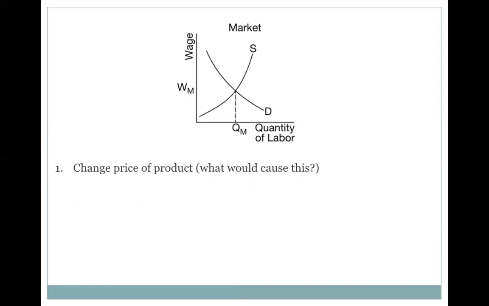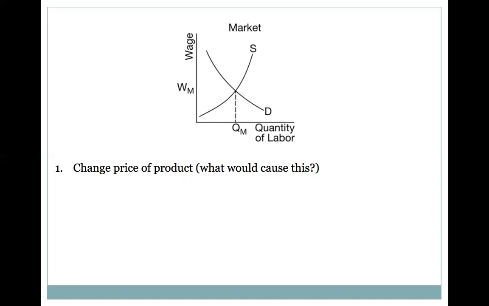So looking at this a little bit deeper, we think, well, what caused the change in the price of the product? Well, that's pretty straightforward. That's what we did in Unit 2 with supply and demand. An increase in demand will cause an increase in the price of the product, which then causes an increase in the demand for that labor.